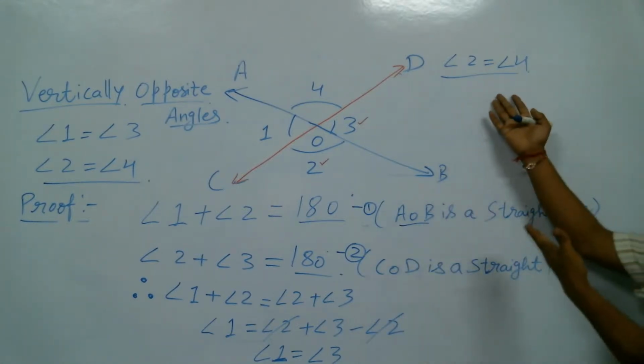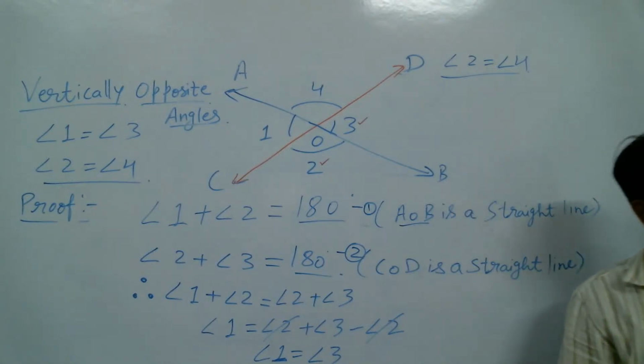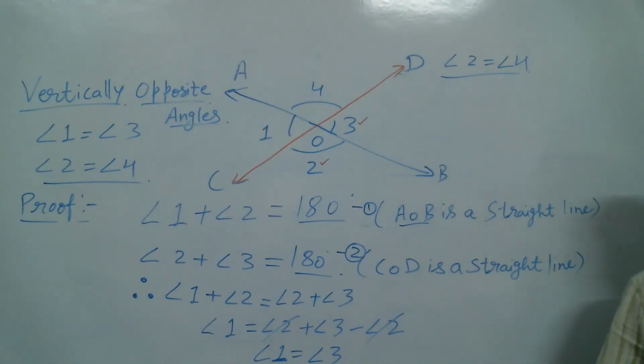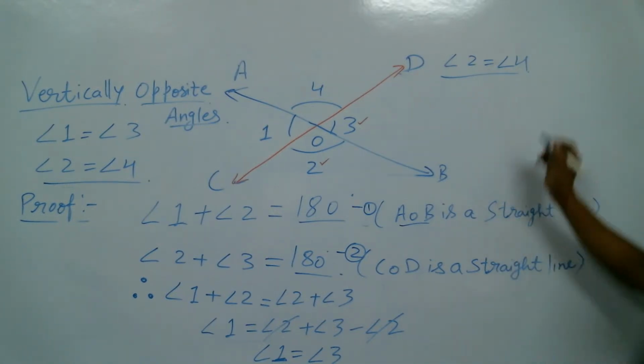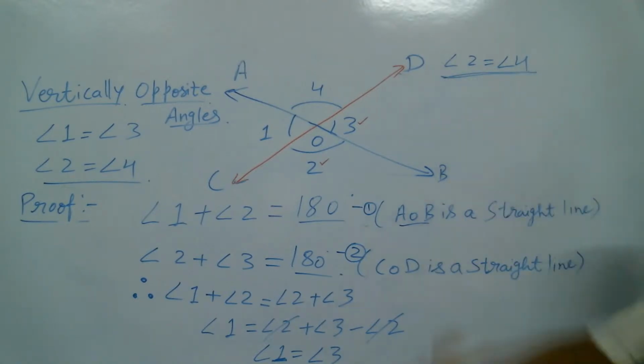Now you all try to prove 2 equal to 4. Tell me what step should I write to prove angle 2 equal to angle 4.